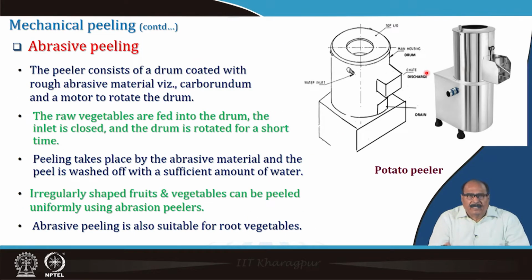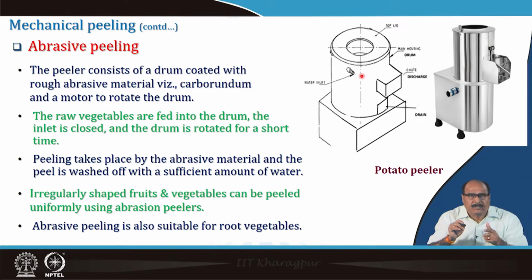Then here in the figure we have shown an abrasive peeler, and it is again a very commonly used peeling machine for the potato. The abrasive peelers consist of a drum, you can see here in the figure, and this drum is coated with rough abrasive material like carborundum and a motor to rotate the drum.